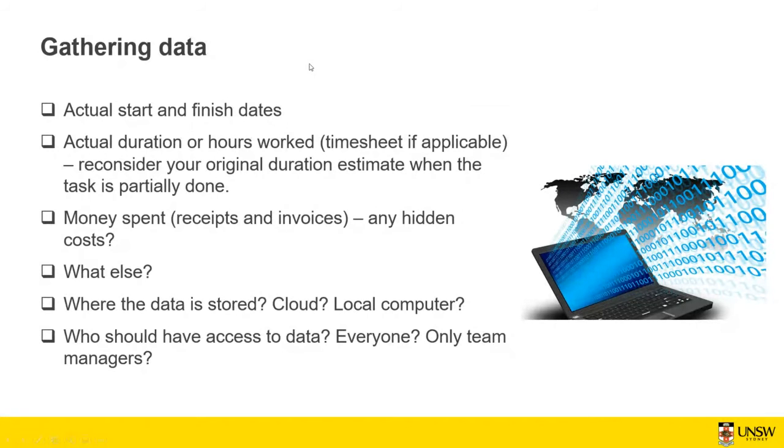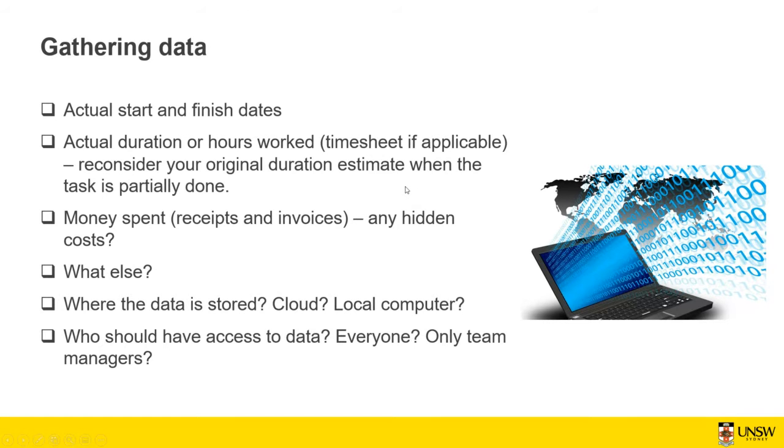Then there is the actual duration and hours worked. For example, if there is a timesheet, if applicable, or you planned 1 month or 2 months for a specific task but it takes longer or shorter than that, then you need to gather that data, go back to your project timeline baseline and compare it to what has been planned.